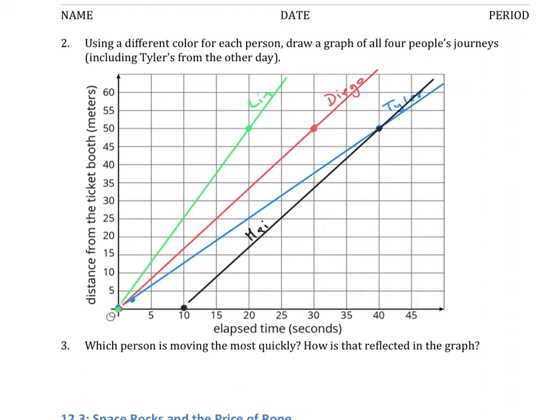For Diego, his constant of proportionality was 5/3, and that probably shows up about right there. And then finally, Lynn's was 2.5, so Lynn's is about right here, okay?